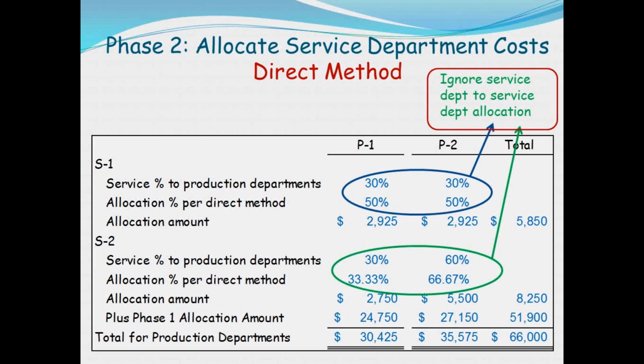You take the total cost from phase 1 of 5,850 and divide it half and half between the 2 production departments from service department 1, and 1/3, 2/3 from service department 2, and you add that to the direct costs that went into each department. You now have total costs for each of your 2 production departments, ignoring the inter-department allocations.